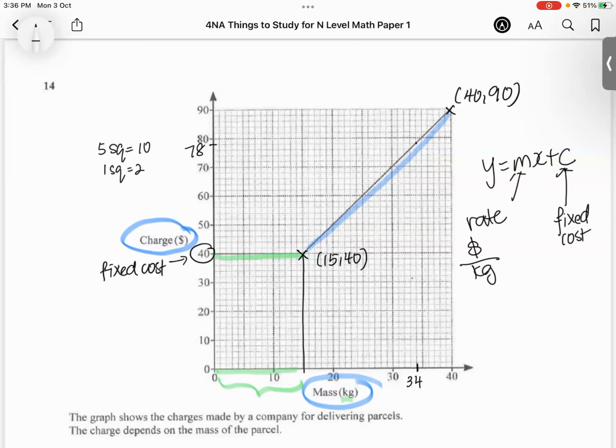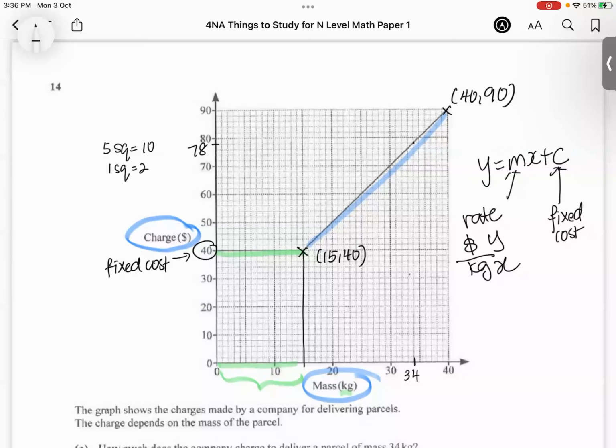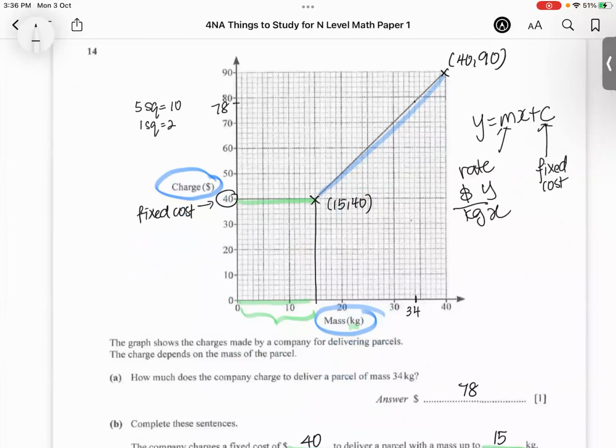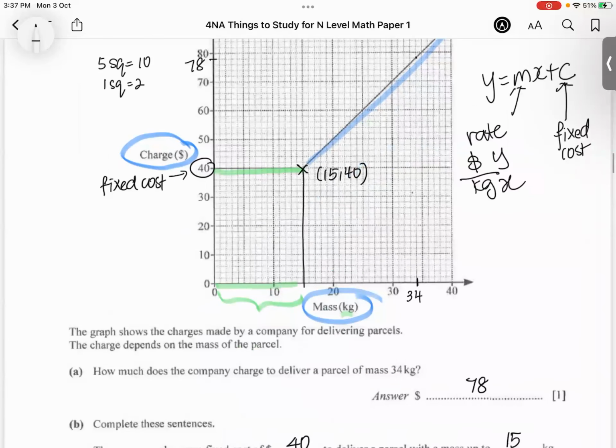It can be volume per minute, distance per second, cost per unit, temperature per minute, those kinds of things. So read the y-axis unit and the x-axis unit. So this one is the gradient. Then for other questions, you just draw a line and read from the graph.